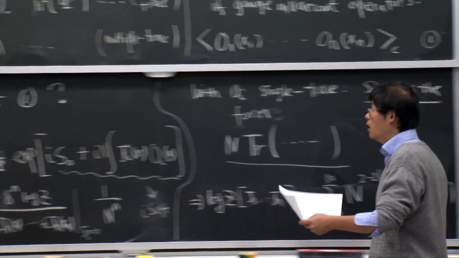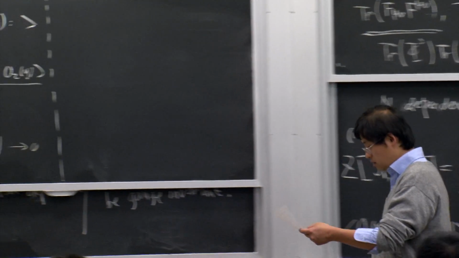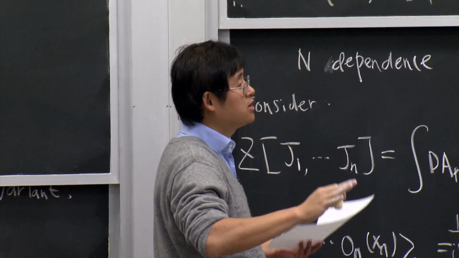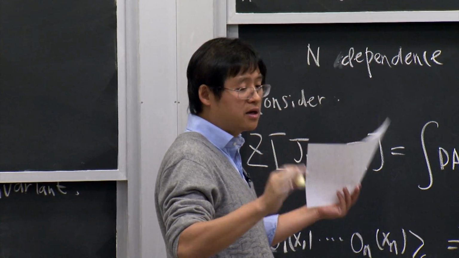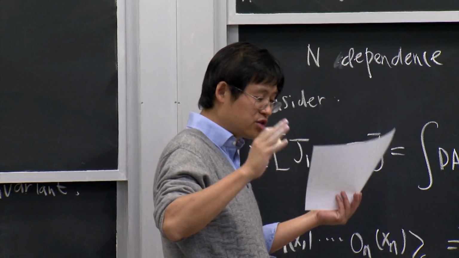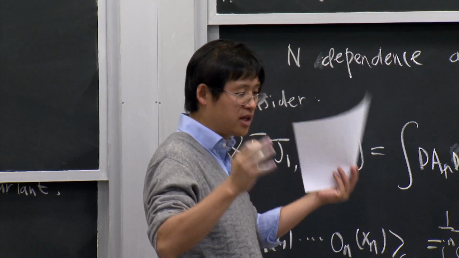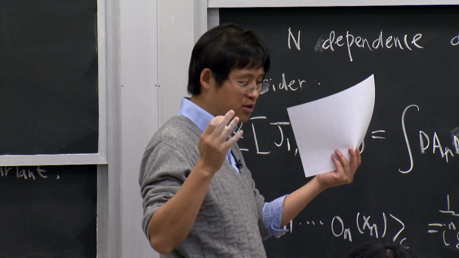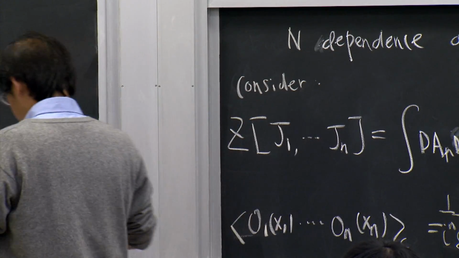So this is the first implication. The first implication is that a single trace operator can be interpreted as creating single particle states, and the multiple trace operator can be interpreted as creating multi-particle states.